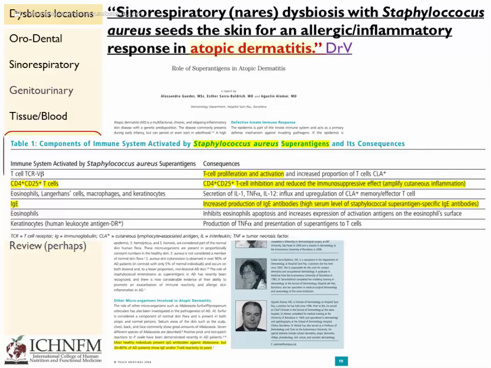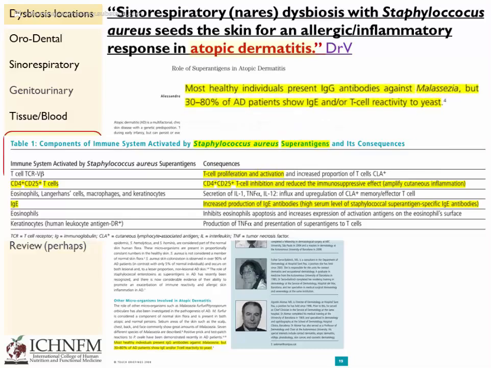So again, I describe this as a bacterial allergy in these patients with atopic dermatitis, and that bacterial allergy is directed against Staphylococcus aureus. 30 to 80% of atopic dermatitis patients also show IgE or T-cell reactivity to yeast. Obviously, using the dilute bleach baths that we've covered now several times would be effective against the yeast as well.